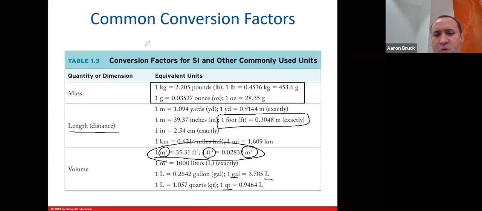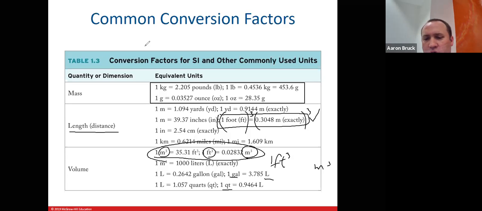If I want to convert 1 foot into meters, this is the conversion that I need to use. To turn it into a cubic foot and cubic meters, all I need to do is cube each of those quantities.